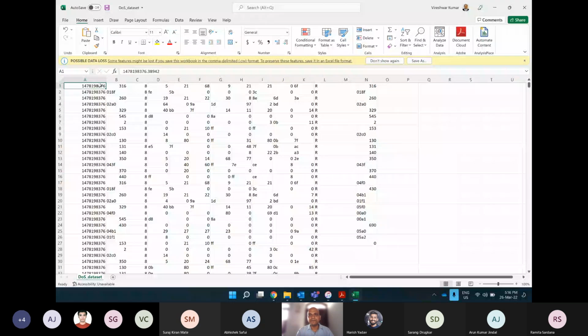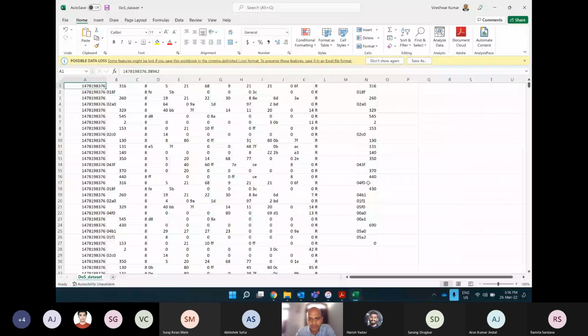It is two messages with the same message ID, which means this row 1 and this row 70. So inter-message time here is whatever is the time corresponding to this minus whatever is the time corresponding to this. Okay, so that is the inter-message time, and you have to look into this timing for different messages and figure out whether there is an attack or not.